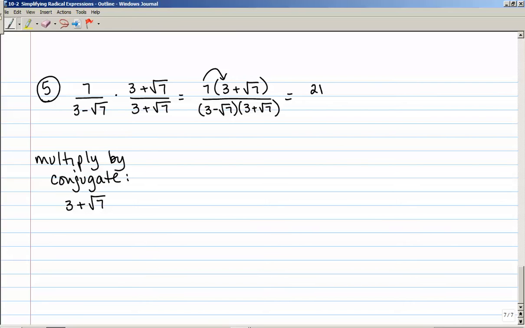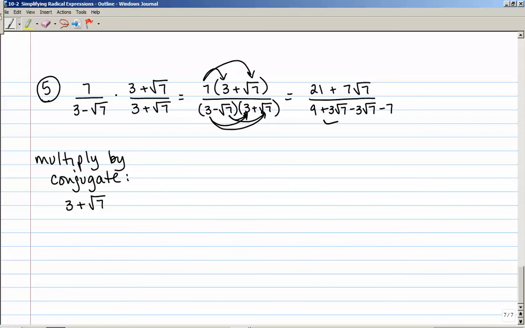That's going to give me 21 plus, and 7 times the square root of 7 is just 7 square root of 7. Now on the bottom, let's FOIL. First is going to give me a 9. Outer is going to give me a positive 3 square root of 7. Inner is going to give me a negative 3 square root of 7. And last, it's a little tricky, negative square root of 7 times a positive square root of 7 is going to give me a negative 7.